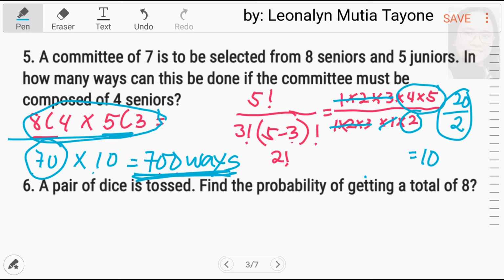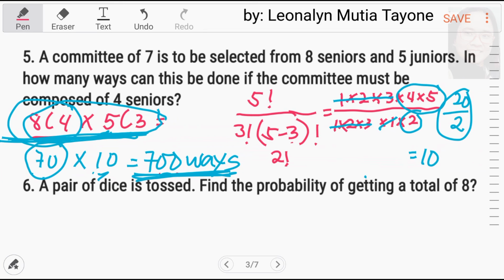Kung ang choices naman ay puro ganito, ito naman din yung sagot. Ang sa akin lang ay para malaman ninyo kung paano siya isolve, paano mo isolve itong 8C4 na to, kung paano naging 70 at paano naging 10 naman itong 5 na combination sa 3, at ang total ay 700 ways. Number 6.